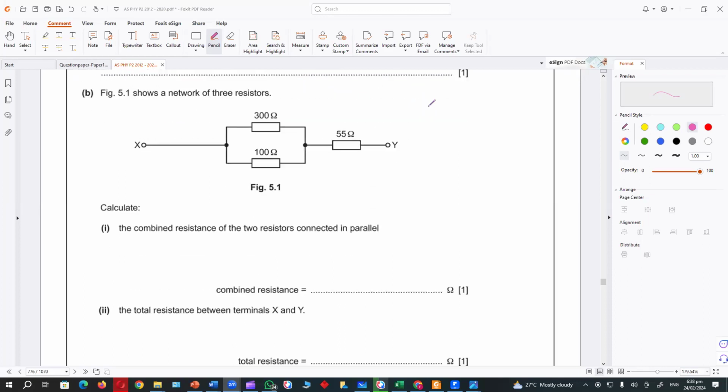The figure shows a network of 3 resistors. Calculate the combined resistance of the 2 resistors connected in parallel. In parallel, we use the formula R is equal to R1 R2 upon R1 plus R2.